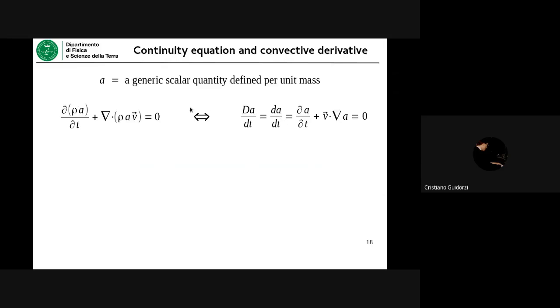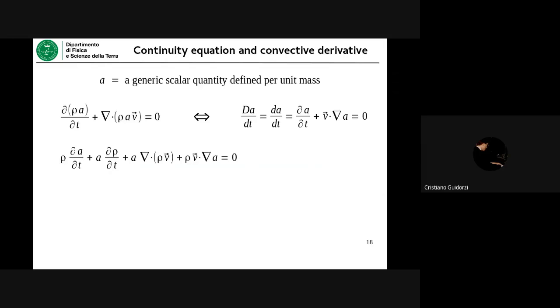So the two conditions are fully equivalent. Demanding the conservation of a generic quantity defined per unit mass is equivalent to demanding that its total time derivative is 0. Let's see why.